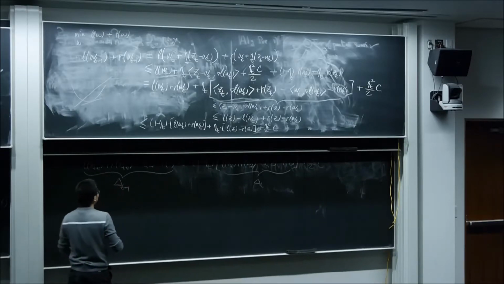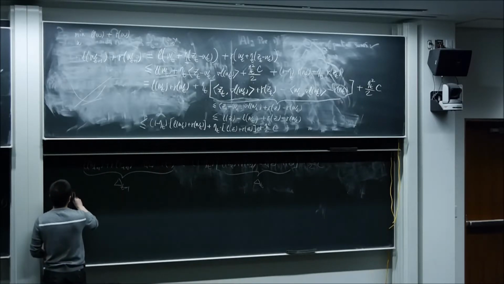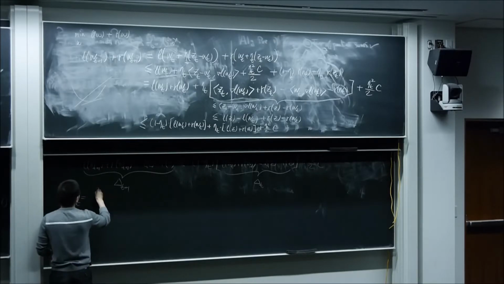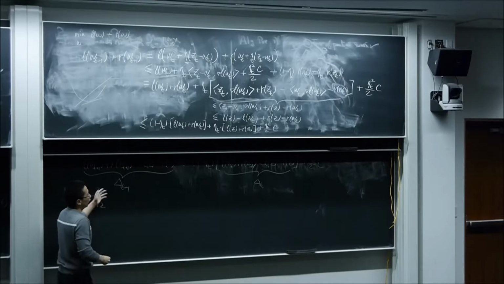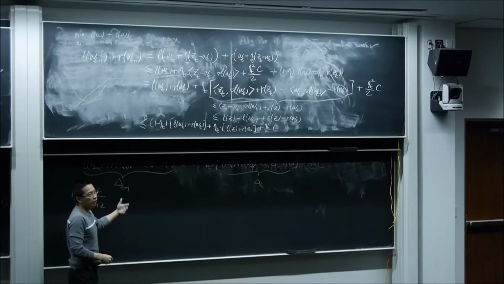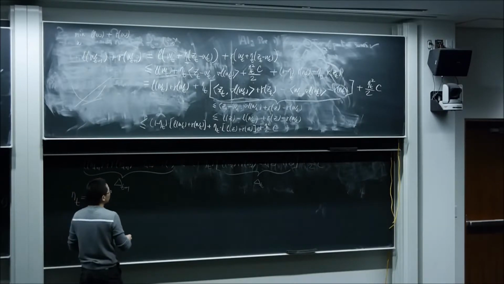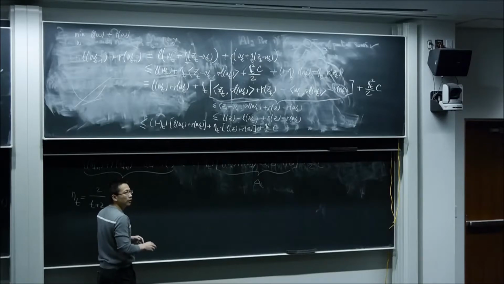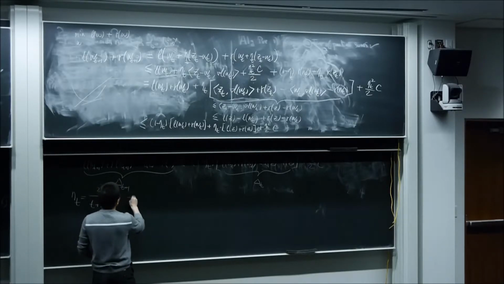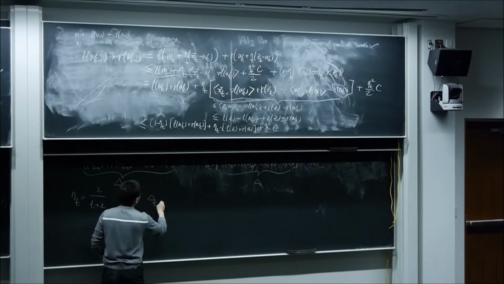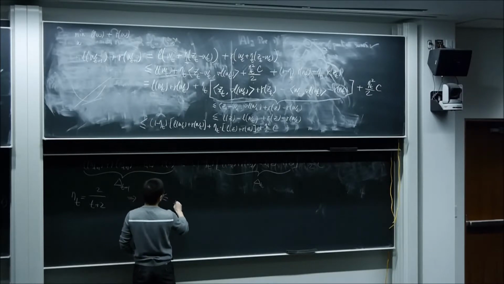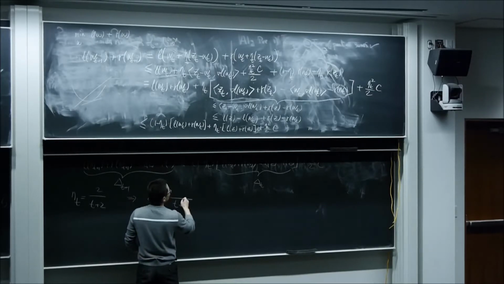And the idea, I will skip some details. The idea is to choose eta_t to be 2 over t plus 2. Okay? And then you can either use induction or you can just expand everything and do a little bit of calculation. It will give you delta_t is going to be smaller than some constant over t plus 2, I think.